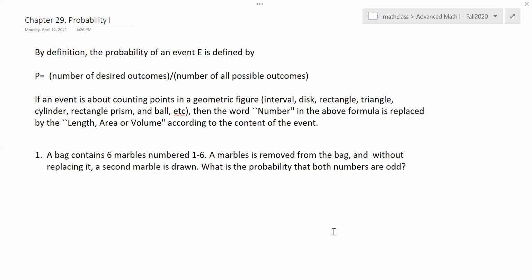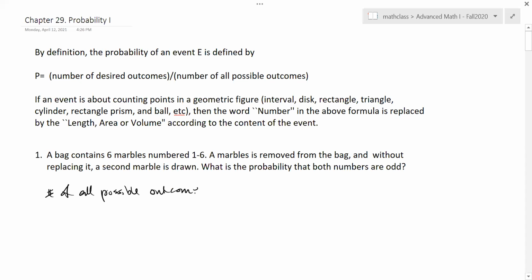So basically, you're going to draw two marbles one by one without replacement. When we count, you can say this is the first marble, the second marble. So what is the number of all possible outcomes?